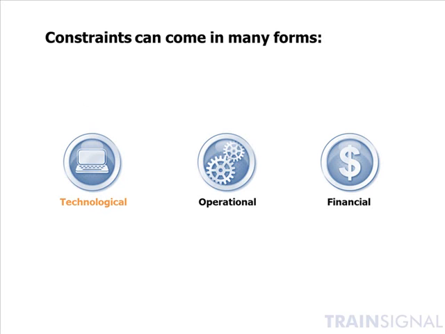There may be technological constraints. Only certain vendors or certain technologies can be used, or a specific solution has to be included in the design. Perhaps a specific solution that has to be included in the design also then has a ripple effect and requires that other solutions have to also be included. Maybe a particular storage array has to be used within the design, and that means that only certain storage protocols can be used to access that array.